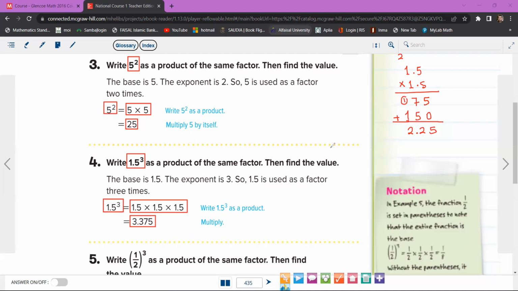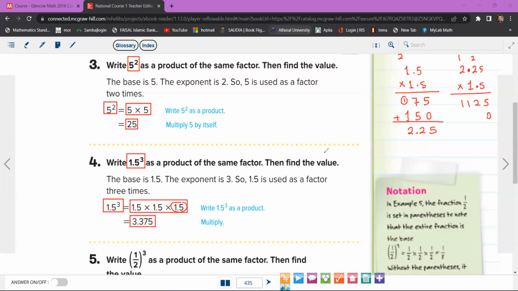Then we need to multiply the third 1.5. So this is 2.25 multiplied by 1.5. Multiply normally. Ignore the decimal point for now. Then we will put it later. 5 by 5, 25. Carry the 2. 5 by 2, 10 plus 2, 12. Carry 1. 5 by 2, 10 plus 1, 11.